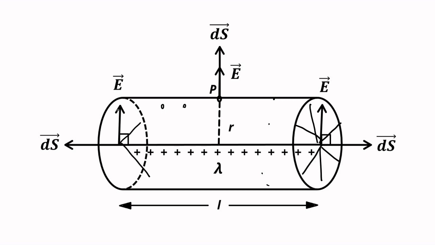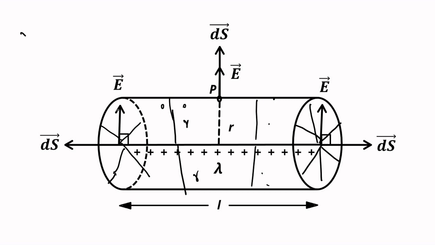I am trying to explain it in a 2D picture. All the points are at the same distance from the center, where the straight wire is present.